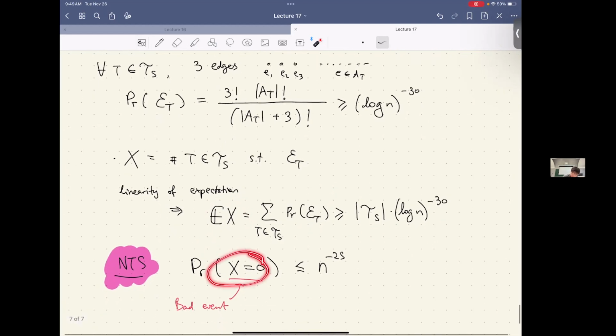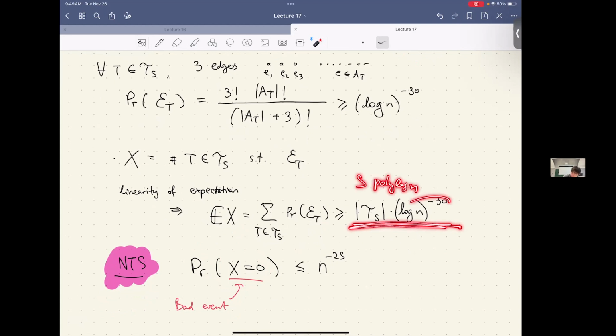So this is the event that X is not around its expectation, right? Its expectation is very high. This is like S polylog n, this is polylog n, cancel out. S is roughly square root n. So this deviates a lot from the expectation.